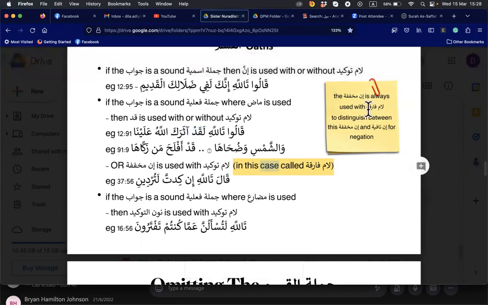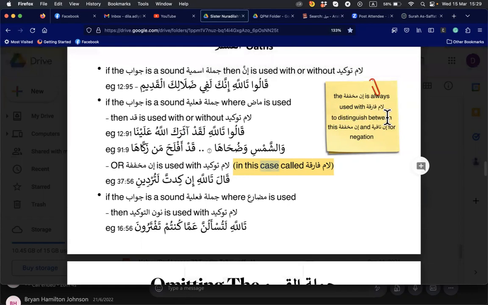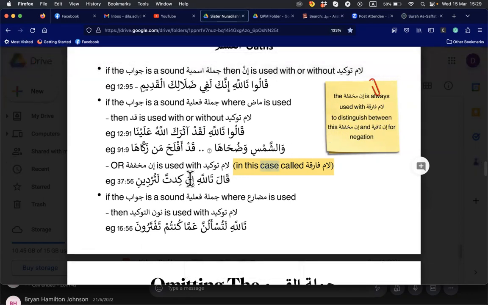So the in mukhaffafa is always used with lam fariqah to distinguish between this in mukhaffafa and in of nafiyah for negation. So if you see this in with this lam, most probably this is in mukhaffafa, not the nafiyah one. In this case, this lam here is called lam fariqah.